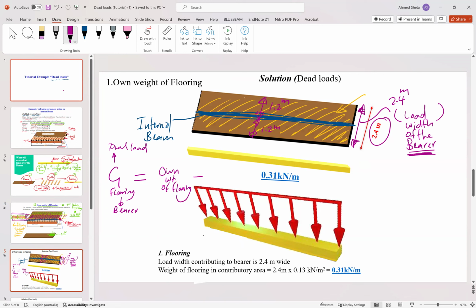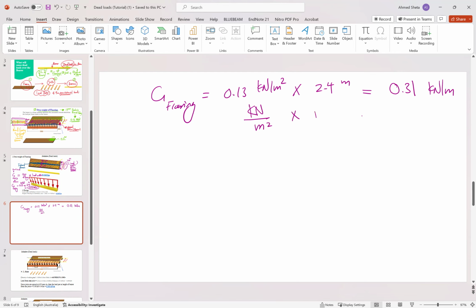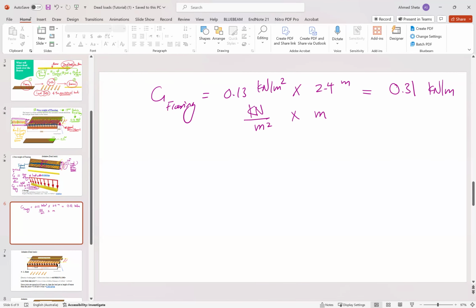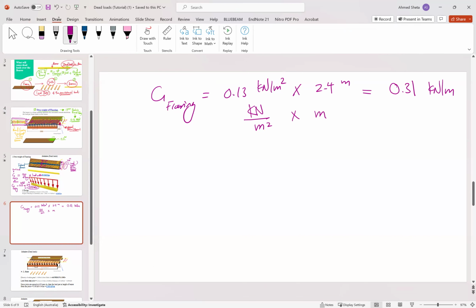So the value will be 31 kilonewton per meter, because we have kilonewton per square meter times meter. So we will have meter squared. So the final value is kilonewton per meter, which is UDL.